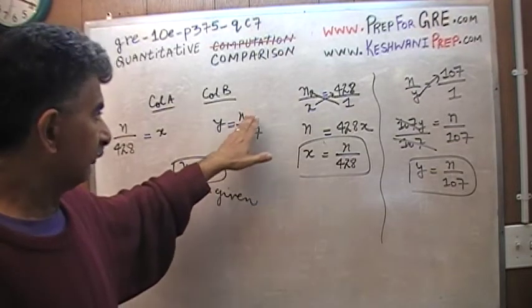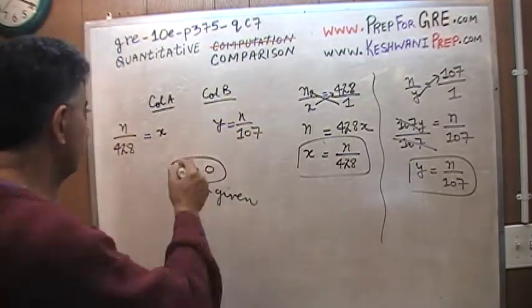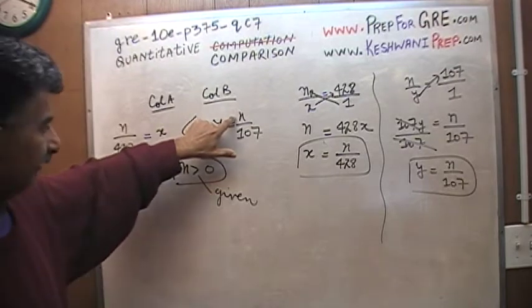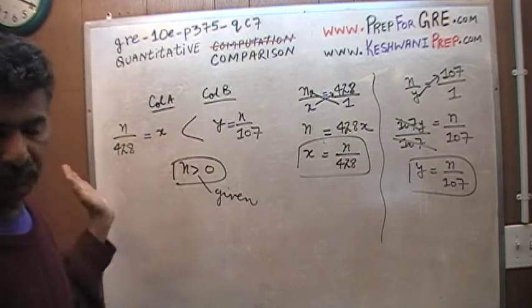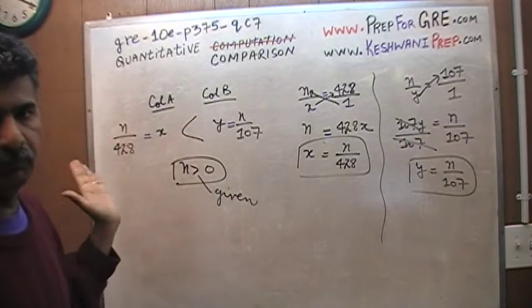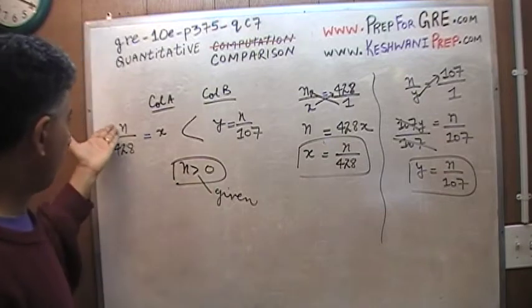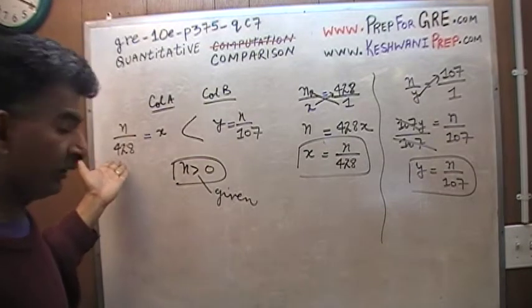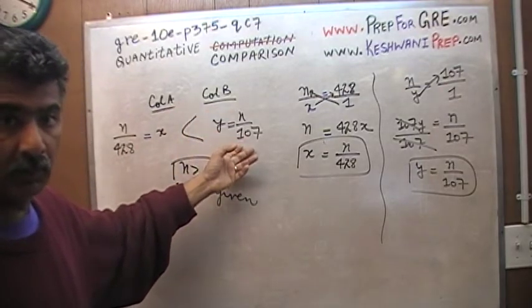In this case, if you take a quantity and divide it into only 107 parts, this quantity, of course, is going to be larger than this quantity, because we know that n, whatever that quantity is, is positive. Had it been negative, of course, then it would have been the opposite, and we would not be able to tell which one is bigger. But because we know that n is positive, a positive quantity divided into 428 parts is going to be a smaller quantity than the same positive quantity being divided up into 107 parts.